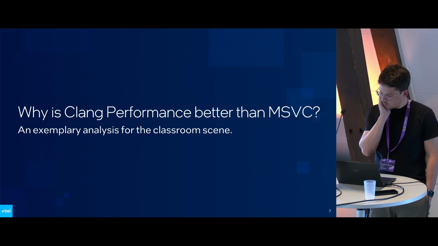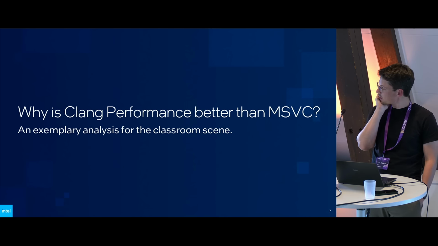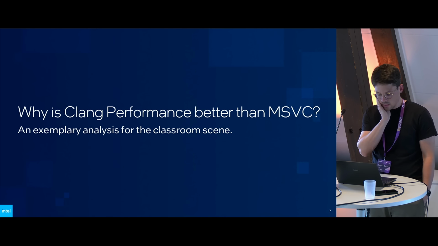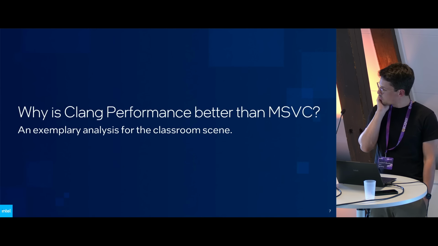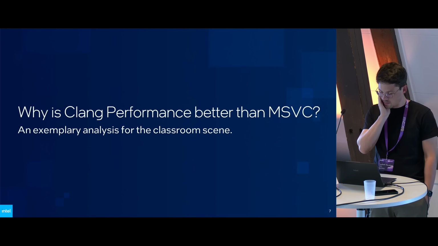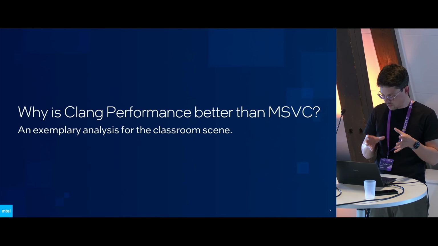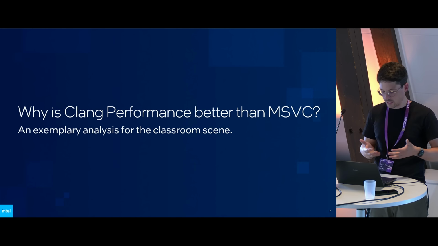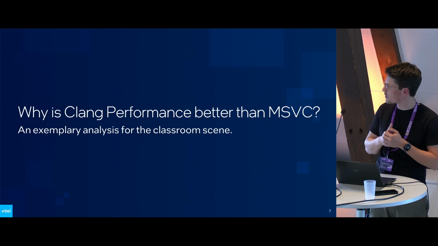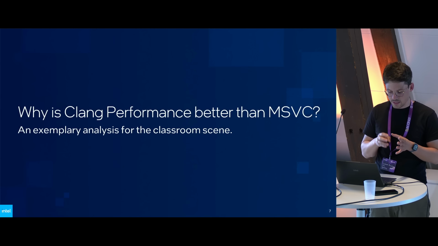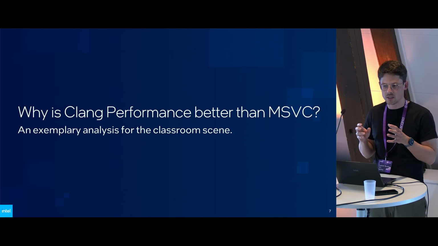Good. So this brings us to the next obvious question. Why is the performance of Clang better than MSVC? The truth is, this is a multitude of factors. We cannot analyze all of the reasons for it, but what I will do in the next few slides is look at an example analysis for the classroom scene.